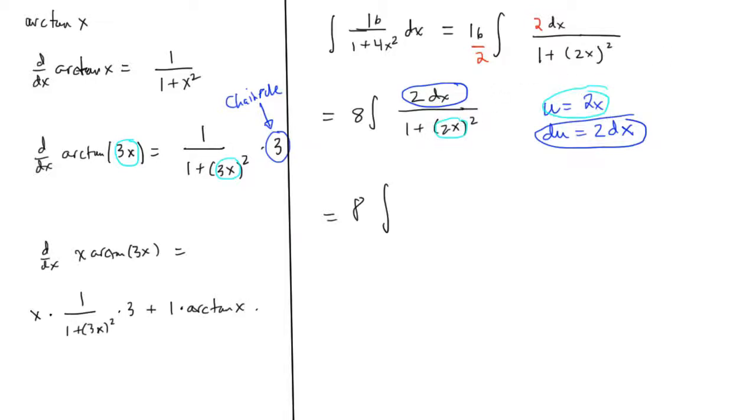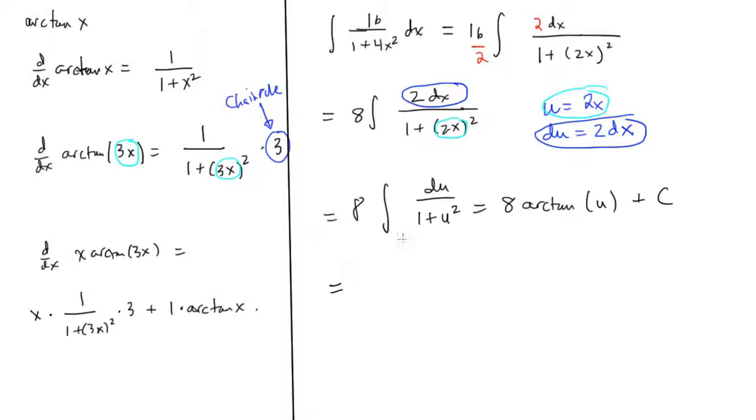So this is actually du over 1 plus u squared. And that looks a whole lot like this here, just with u's instead of x's. So this is just 8 from the 8 out front, and then the integral here is arctan of u. And of course we need a plus c, just for fun.